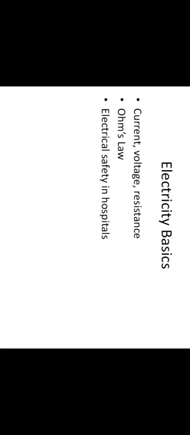That is, I is proportional to V, and I is equal to 1 by R into V, that is, V is equal to IR. Here R is a constant, which we call the resistance of the conductor.